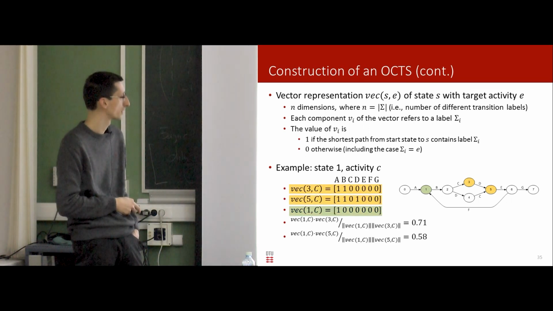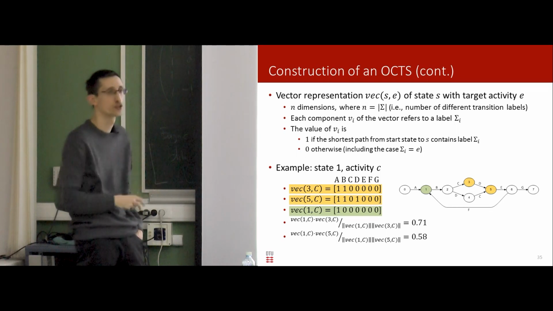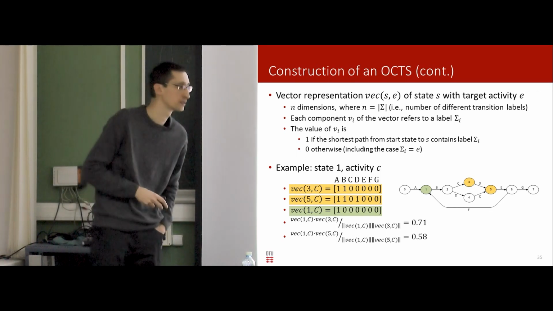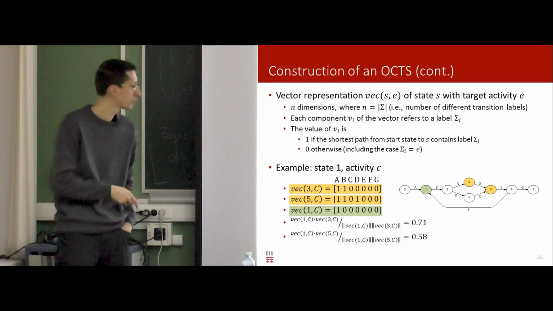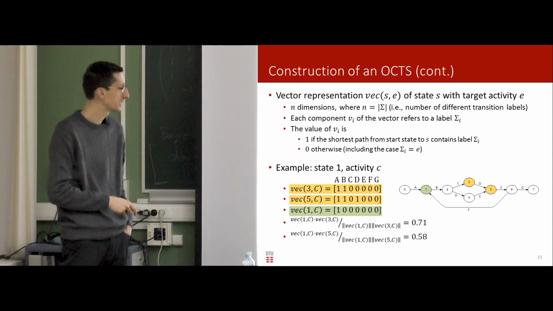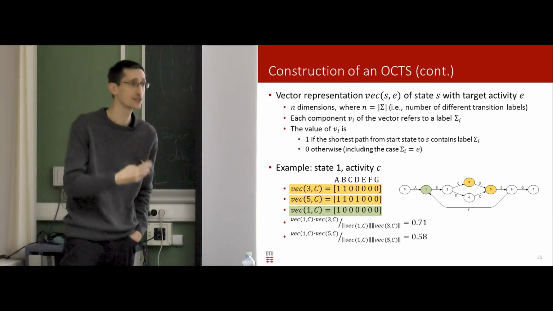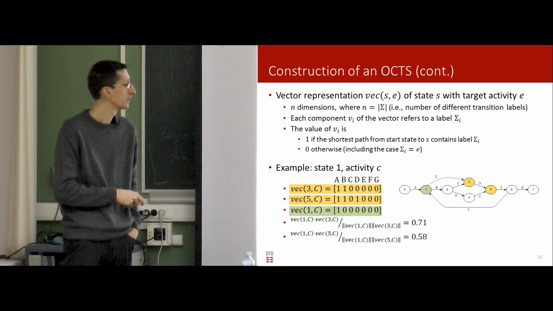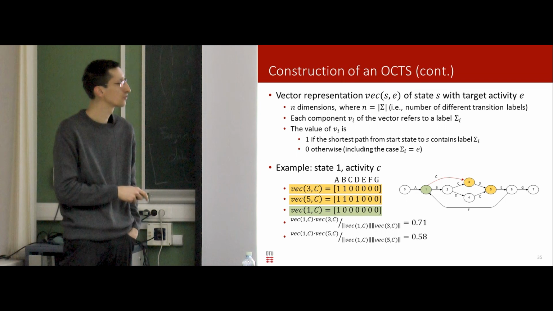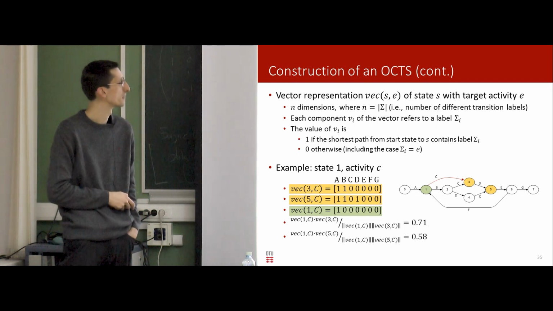And then we compute the cosine similarity. I'm just skipping this part because it's probably not relevant, but the point is that we just pick the candidate which shares most of the history with the current state. In this case, it's state number 3, so we can introduce this new edge which goes from state number 1 to state number 3.